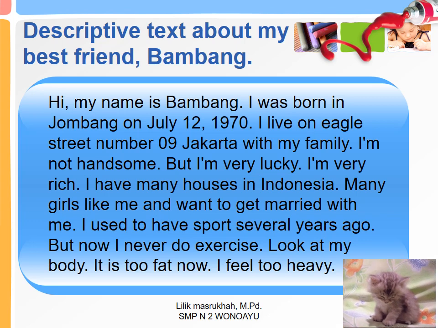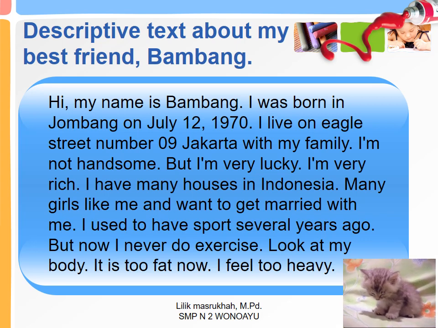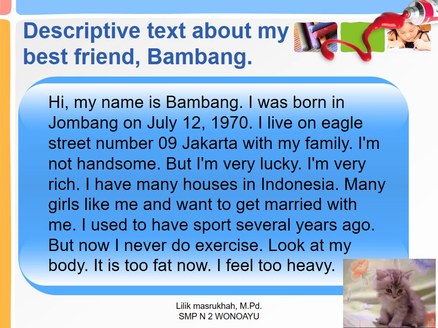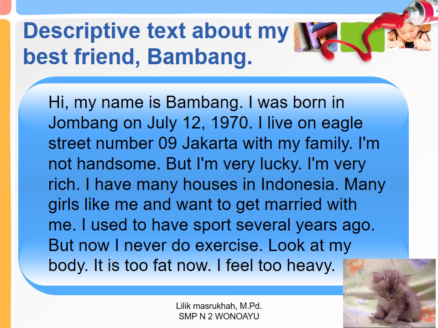After reading the text about him, next, read the descriptive text about my best friend Bambang. Try to comprehend its sentences and observe. What are the differences between the first text and the second text?